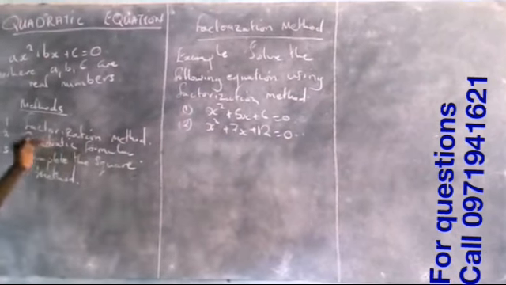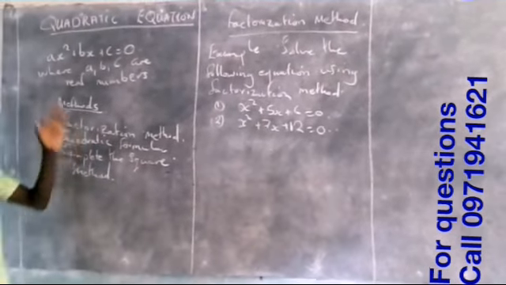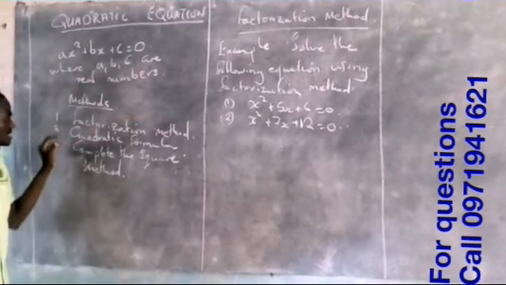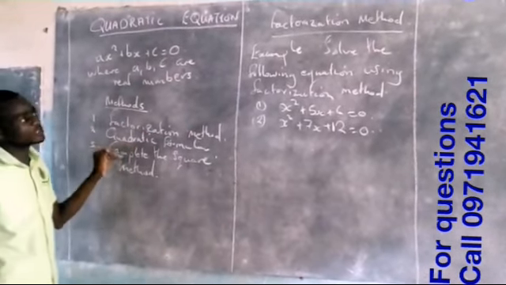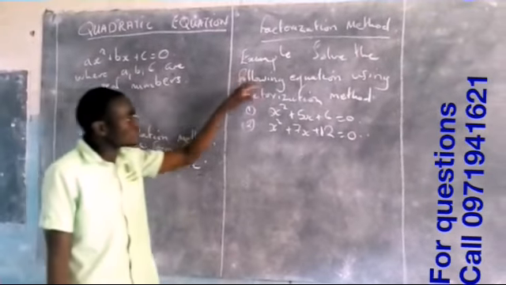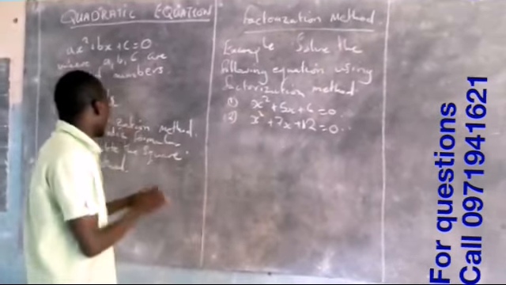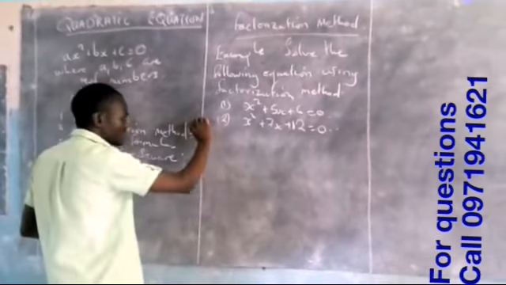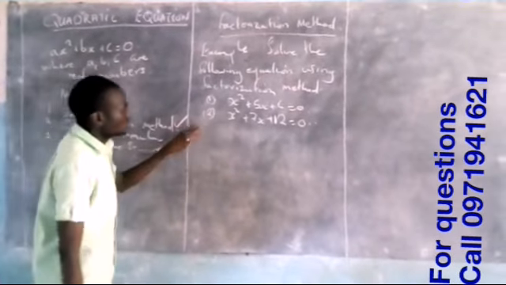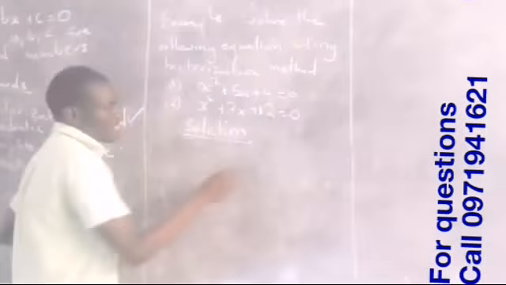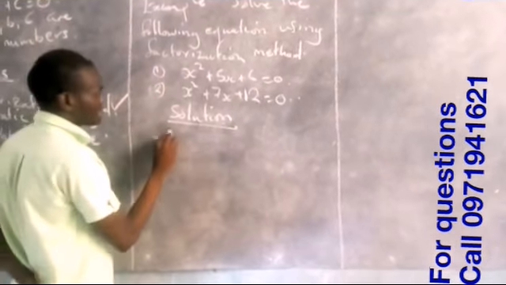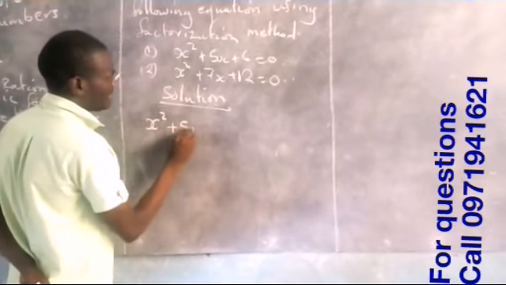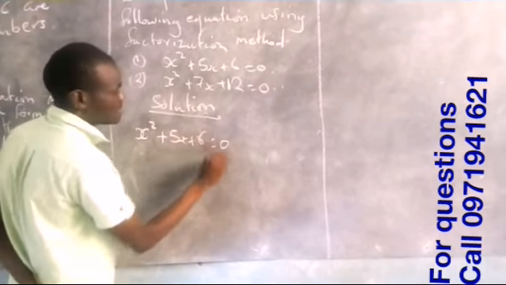As we said, there are three methods of solving this kind of equation: factorization, quadratic formula, and complete the square. We want to look at how to solve this by factorization. We have the question x squared plus 5x plus 6 is equal to 0.